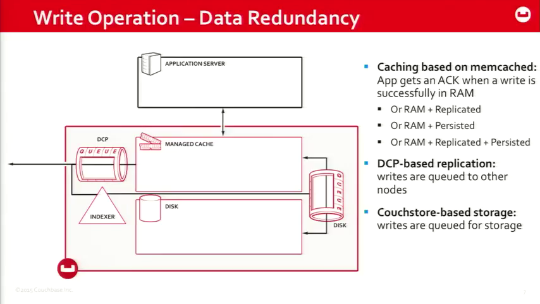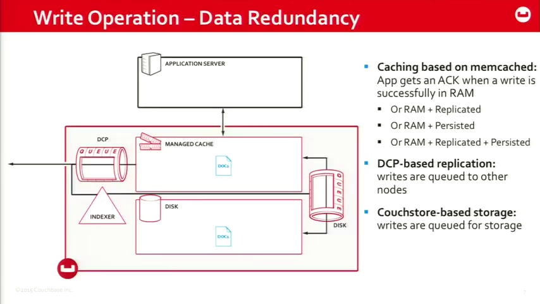So as you saw, the application server wrote the document to the managed cache, and the managed cache then wrote the same document to two different queues. There's one queue for the DCP, which is the intra-cluster replication, and another queue for the disk, which makes it persist to the disk.